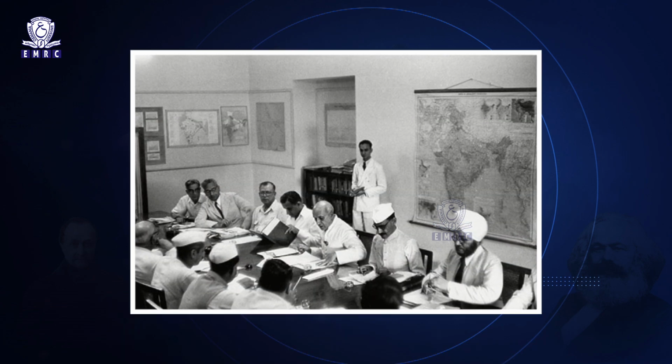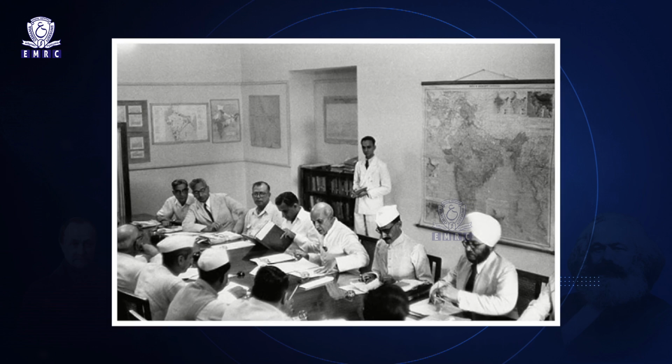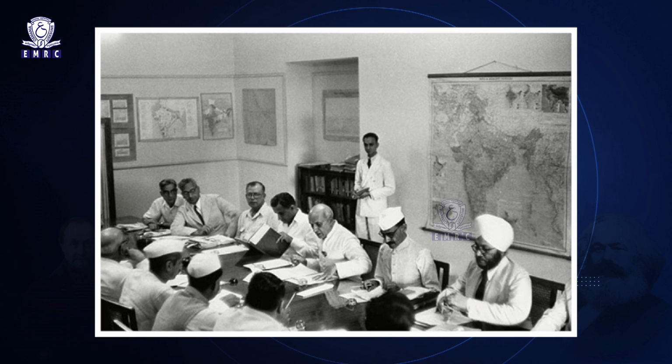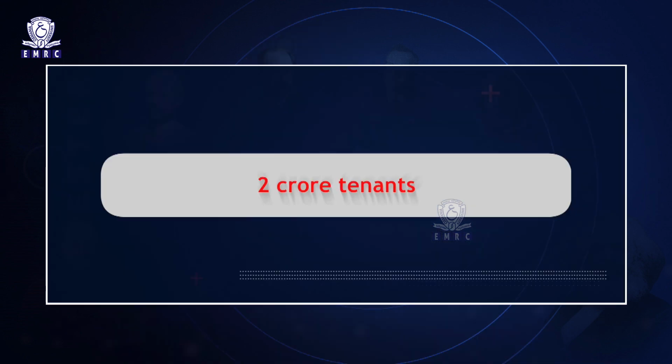The official documents claimed that intermediaries were completely abolished by the end of the first 5-year plan. It has been estimated that in all 173 million acres of land was acquired from the intermediaries, and as a consequence about 2 crore tenants were brought into direct relationship with the state.